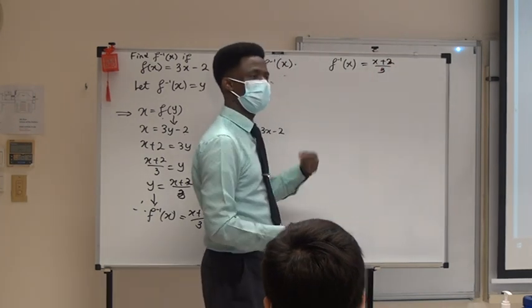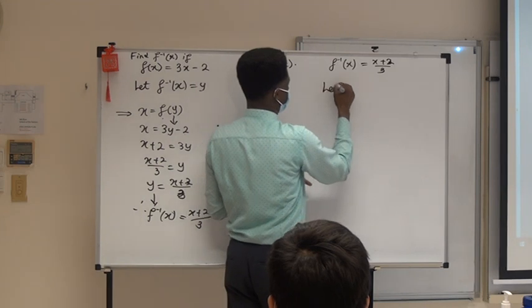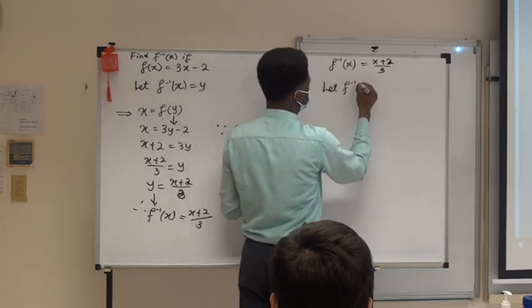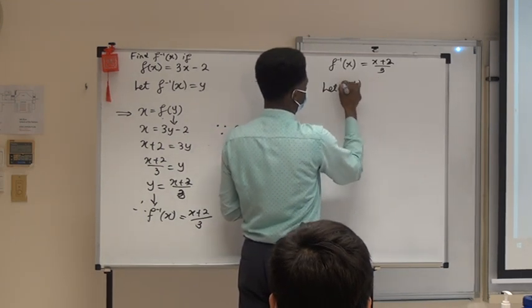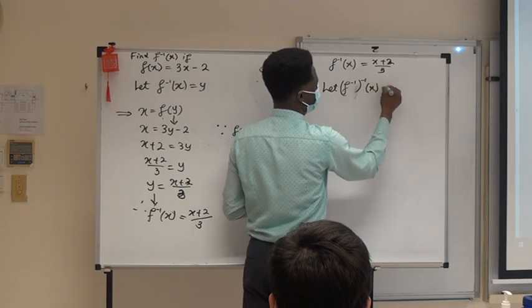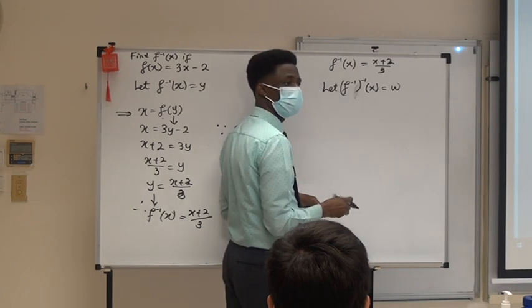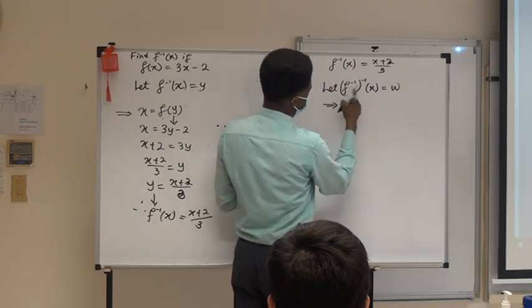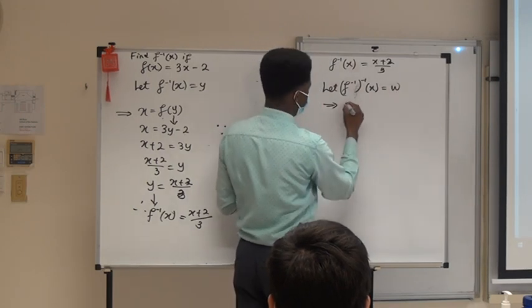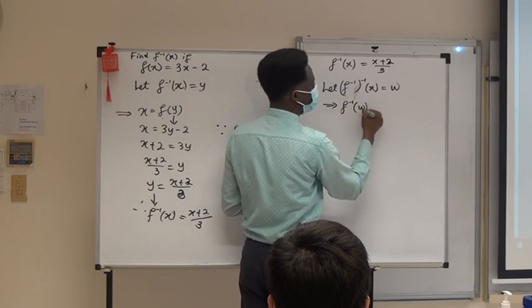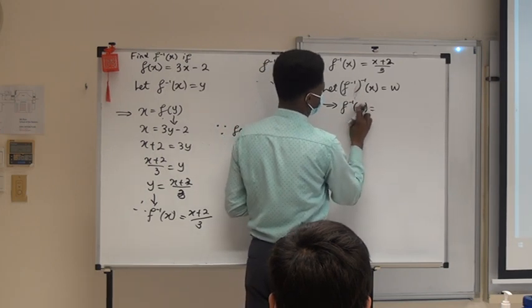Right? If I need the inverse of the inverse, I can say, let the inverse of my inverse be, instead of y, maybe some w. Then one inverse goes away. F inverse of w must be equal to x. Am I right?